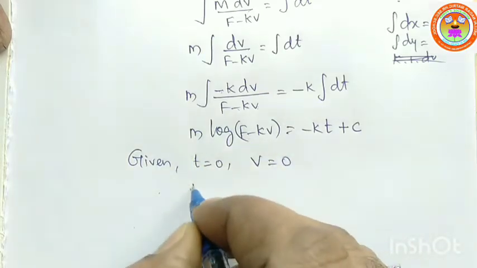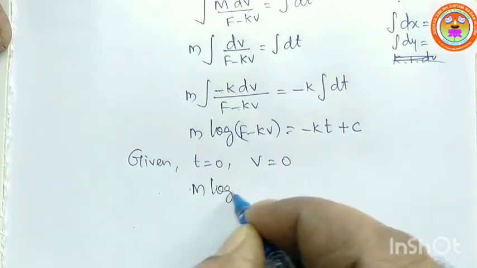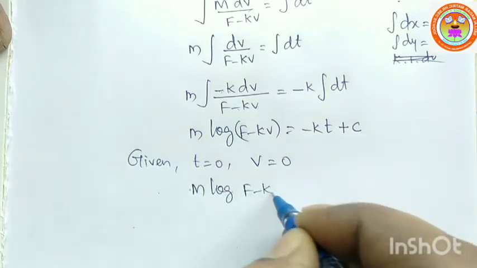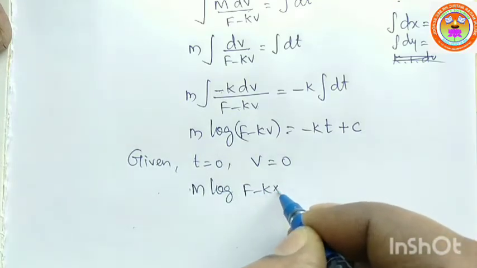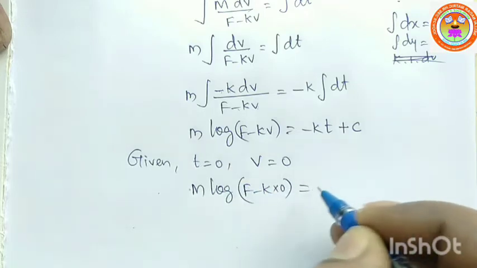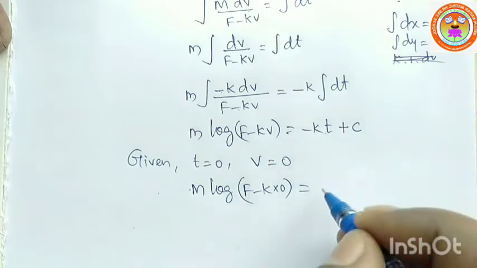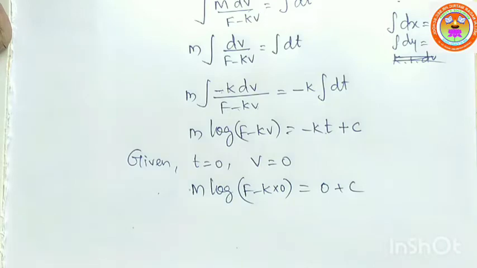We will get m into log of f minus k into 0, which is equal to k into 0 plus c. That means m into log f, k into 0 is 0, so we can leave the term, right? Which is equal to c.